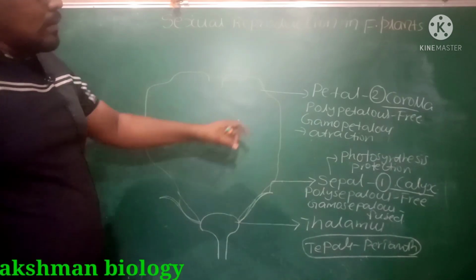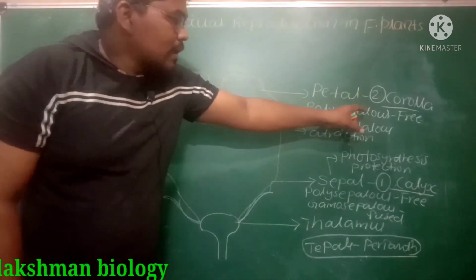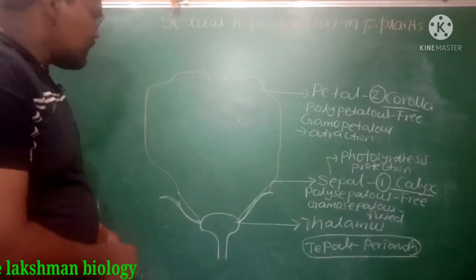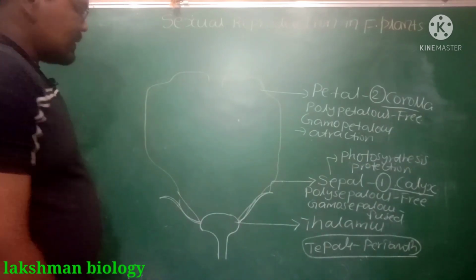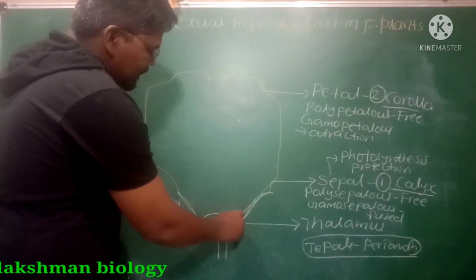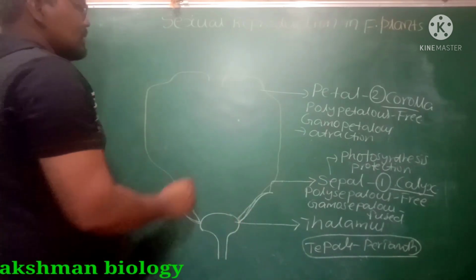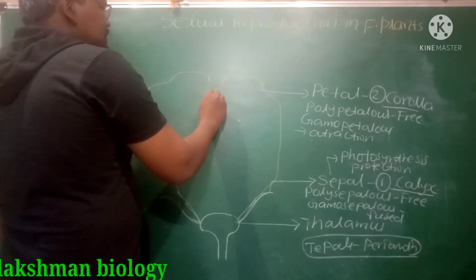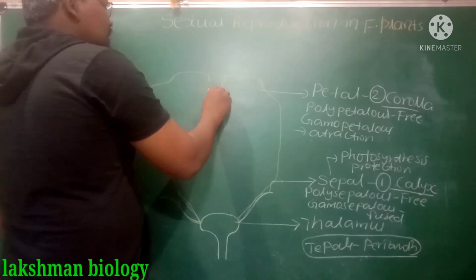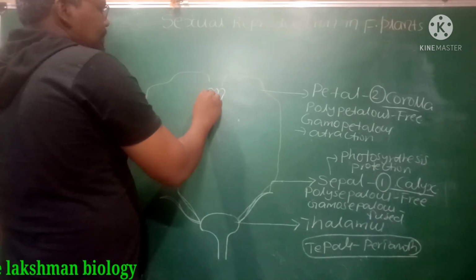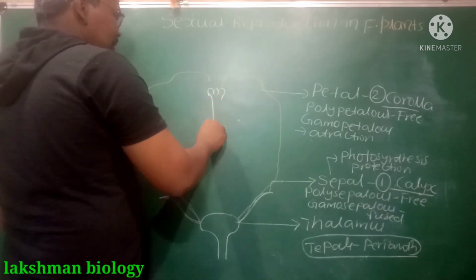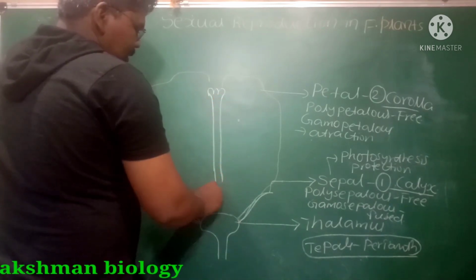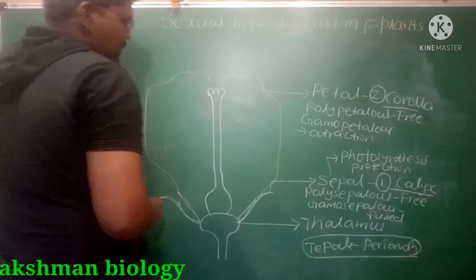Then after completion of corolla, we have to discuss the third part of the flower that is also attached on the thalamus, called pistil or carpel. See, each pistil or carpel is made of stigma, style and then ovary. This is the ovary.